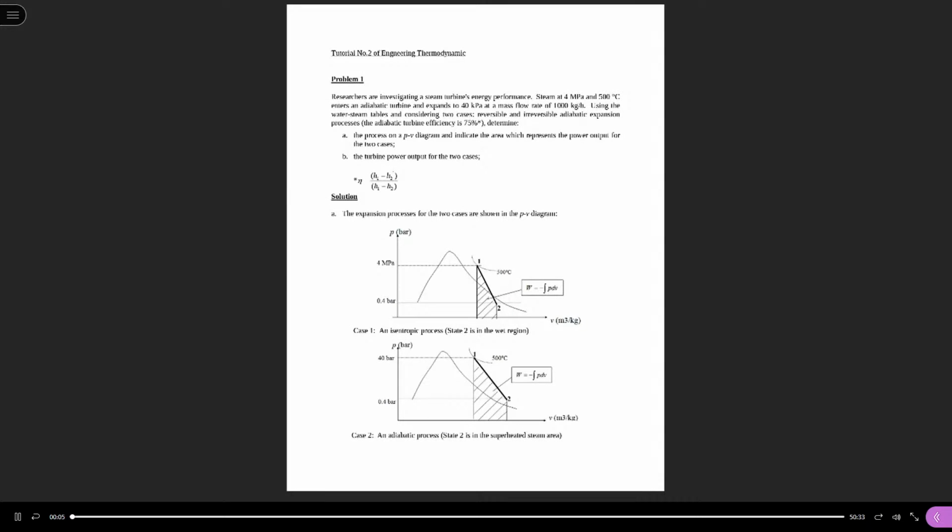Okay, good morning. So today we will have some tutorial problems on learning properties of fluid. For the properties, we know there are many properties of a pure substance. However, we have to understand that when our system undergoes a thermodynamic process, there is a change of state, a change of properties.